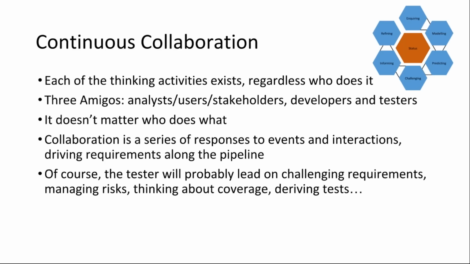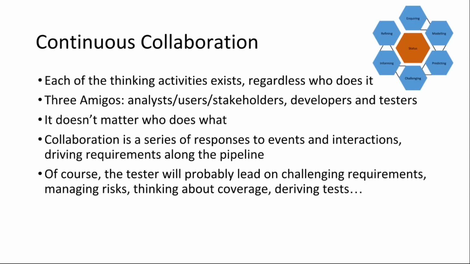So with this idea of continuous collaboration, each of the thinking activities I've tried to identify on the left exists, and it doesn't matter almost who does it. There might not be a tester involved at all. So the developer has to take responsibility for challenging requirements, to getting to the bottom of what those requirements are.